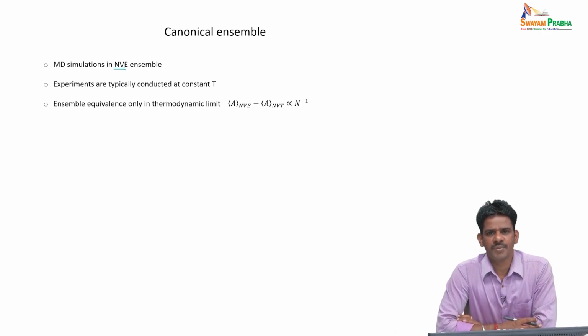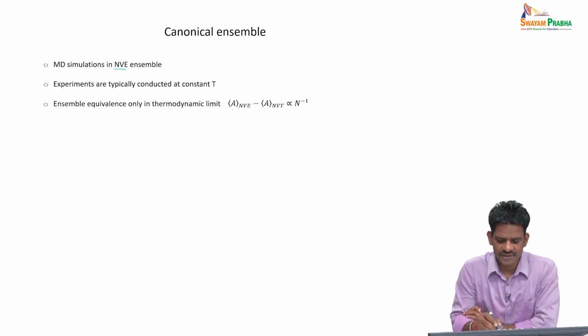Now, one way to think about this is, we already talked about equivalence of ensembles. That means I can run a simulation in an NVE system, measure some property, and then find the equivalent values in another ensemble.